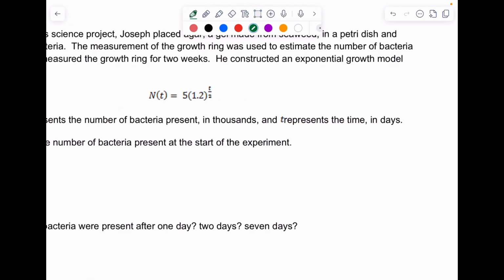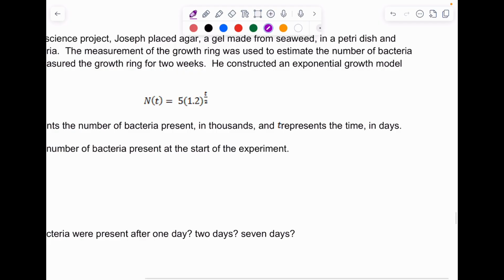Okay? If this is hard to read, I can just write it again right here. This is the function n of t equaling 5 multiplying 1.2 to the power of t divided by 2. Okay? So your exponent is t divided by 2.